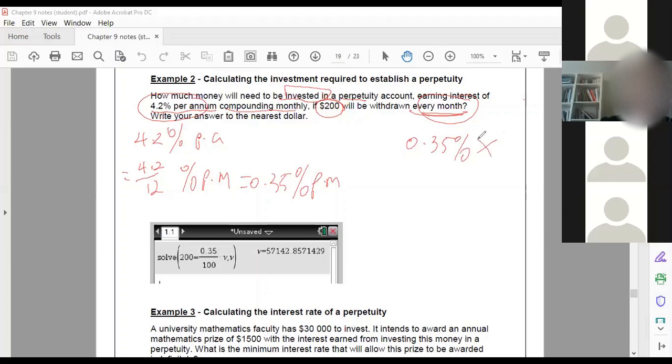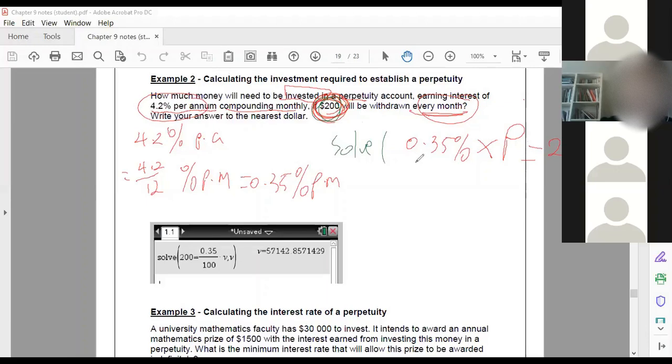Well, we know that 0.35% times whatever our investment amount is, let's call it P for the principal, equals $200. We know that because that's how much we're getting every month. Of course, don't write it as 0.35%.